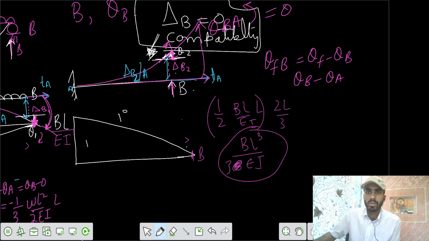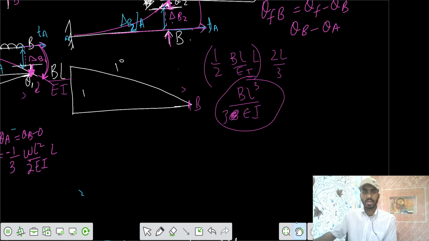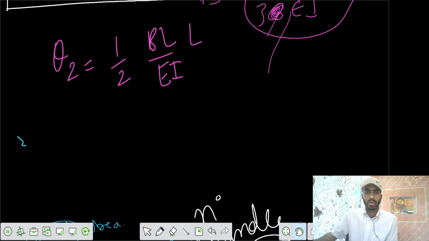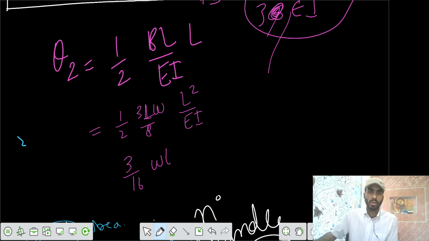The difference between the two equals the M by EI diagram between the 2 points. So theta 2 equals 1/2 of BL by EI into length L. But the reaction we got at B is 3WL by 8, so 1/2 into 3WL by 8 into L square by EI. So we got 3/16 WL cube by EI.